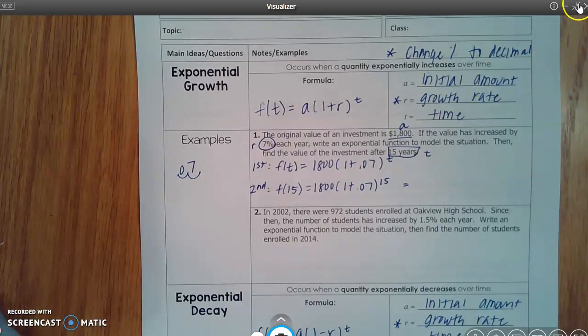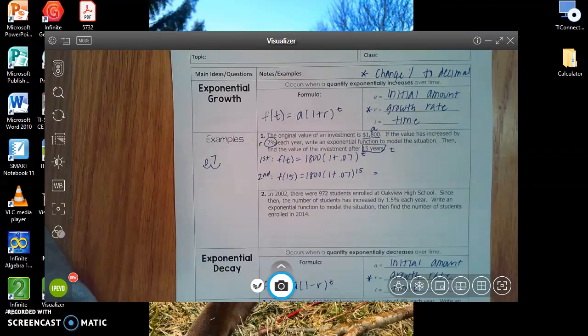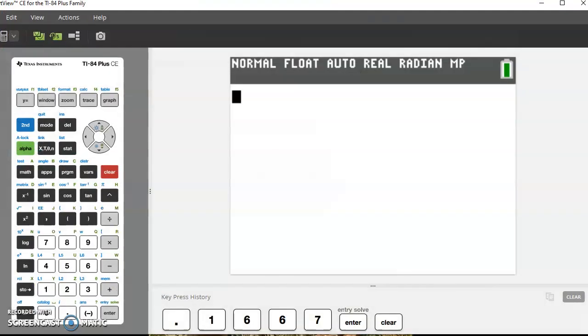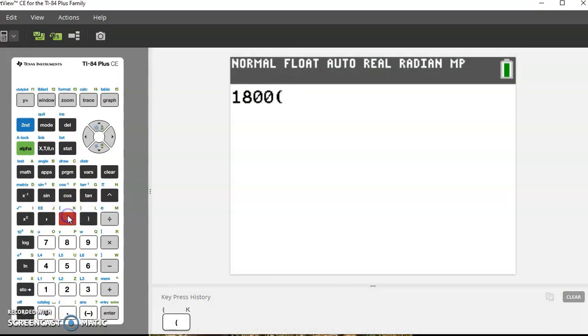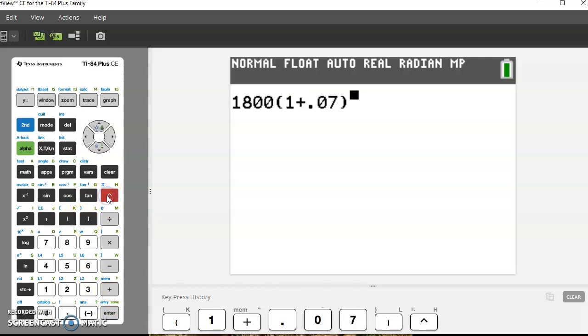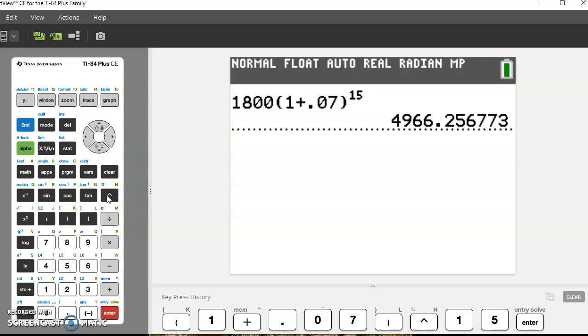So if we were to plug this into our calculator, I literally will type it in as you see it. We'll do 1800 times 1 plus 0.07, and you are going to raise it to the 15th.